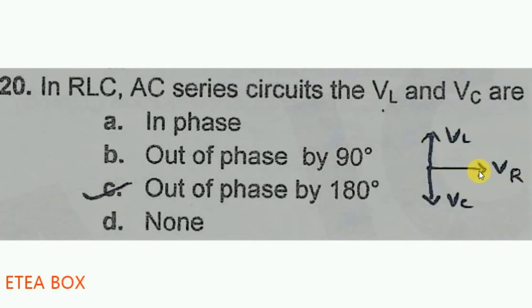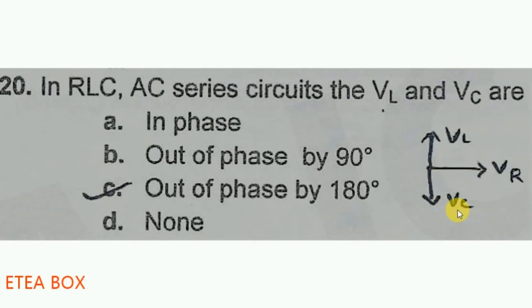In case of a capacitor, the voltage lags behind and the current leads, so the current and the voltage are at 90 degrees, so VC will be like this and the current in this direction.